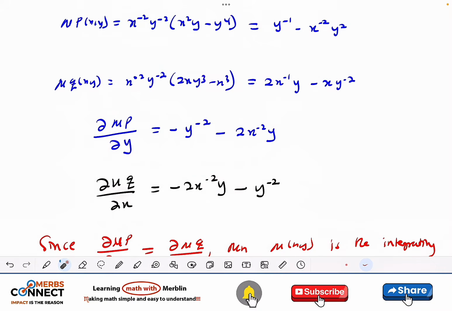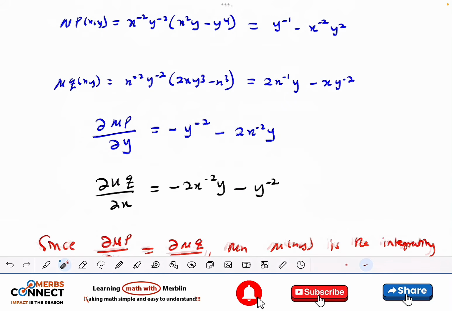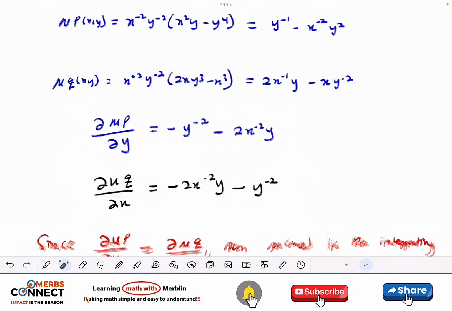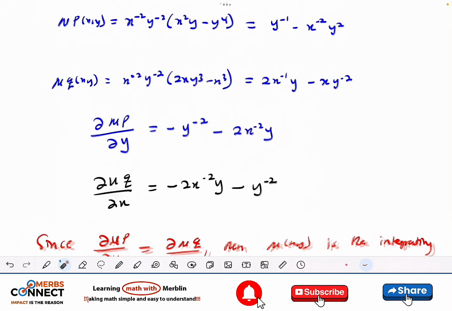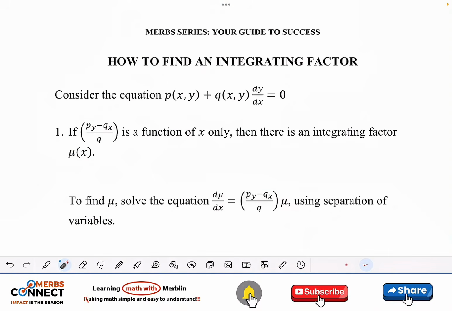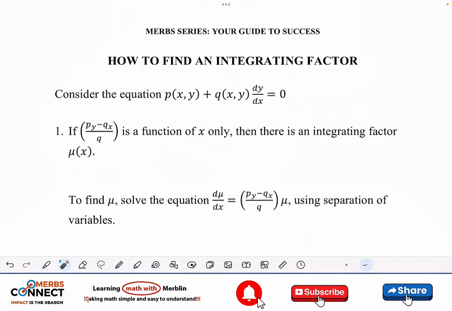Then we go through the same process that we went through for the exact differential equation. So basically that's all. When we make the function exact, we go through the same process as for the exact differential equation. But what if they've not given us the integrating factor? Then what do we need to do? Then we need to find our own integrating factor.